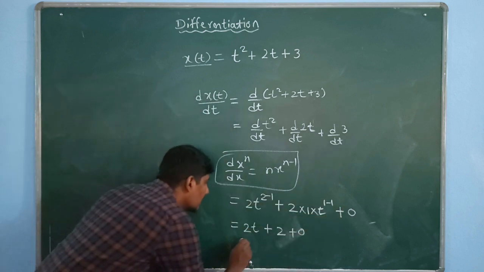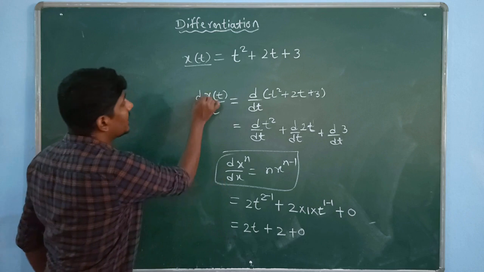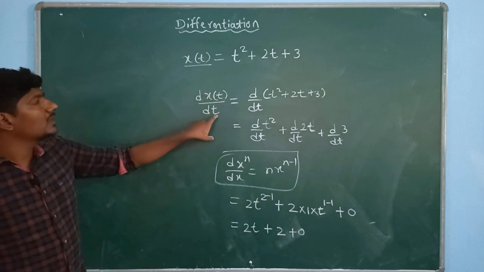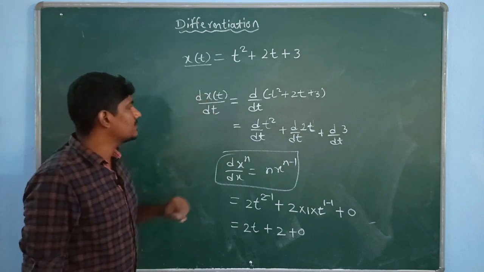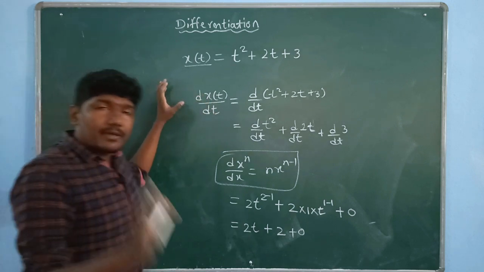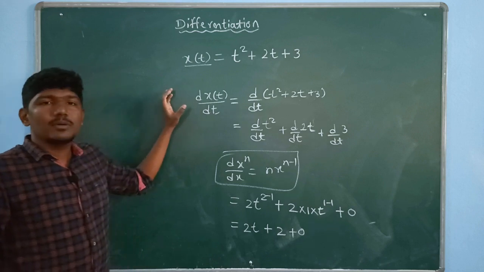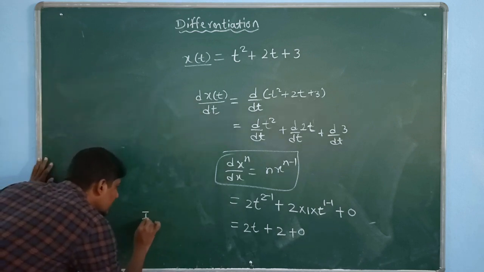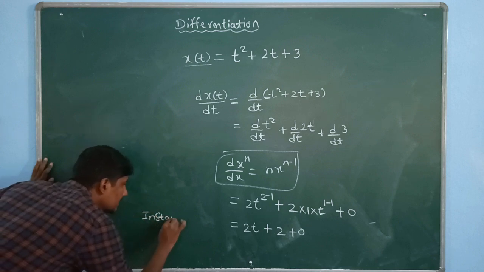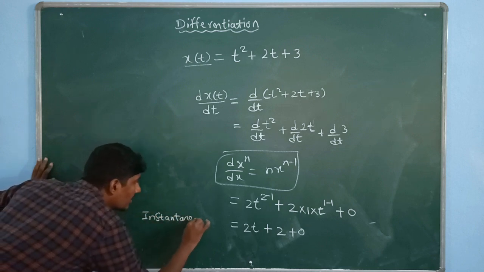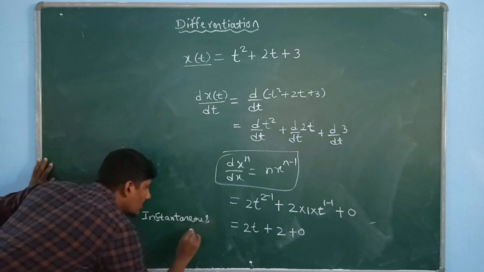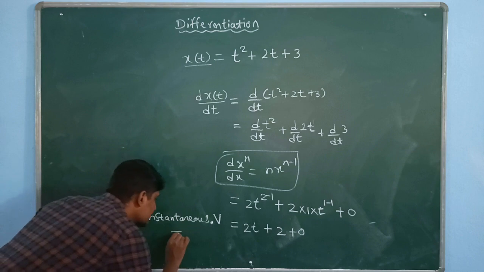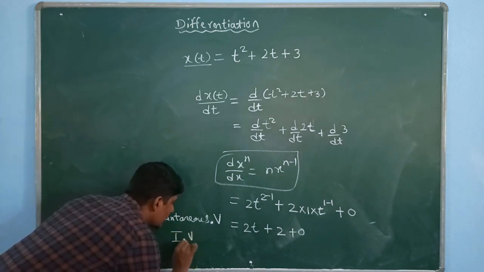Now this is our rate of change of position with respect to time. Now by definition, rate of change of position with respect to time means it is instantaneous velocity, or you can write it as IV, instantaneous velocity.